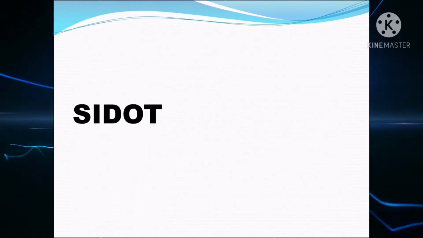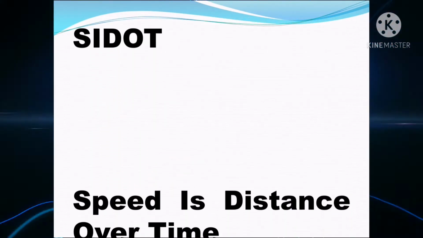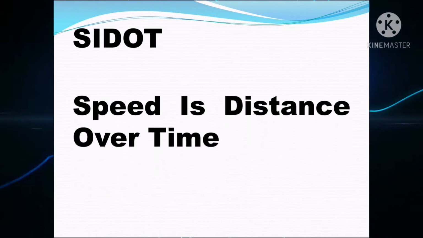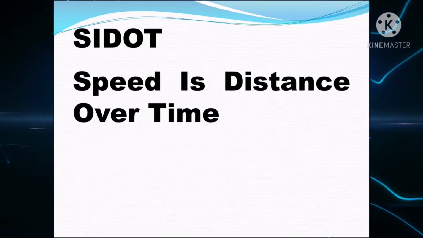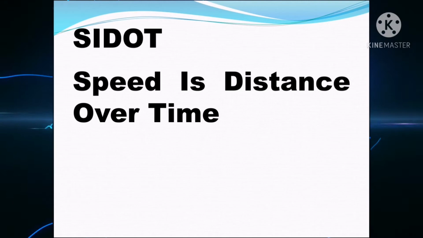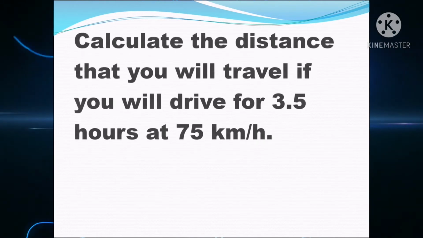We can also easily remember this magic triangle by using this mnemonic. Our mnemonic is S-D-T, or speed is distance over time. Now, let us have some examples.